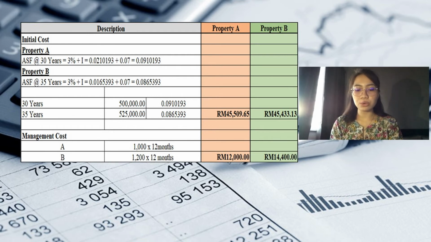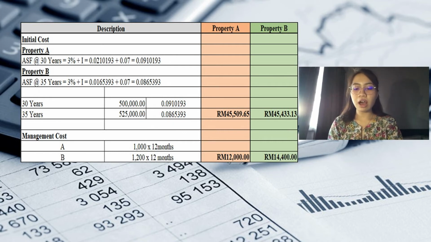So when we get the value, for property A it is 0.0910193, and for property B, the value that we get is 0.0859393. After that, we are going to multiply the value with the total initial cost that is given in the table before, which for property A is 500,000 ringgit, and for property B it is 525,000 ringgit.